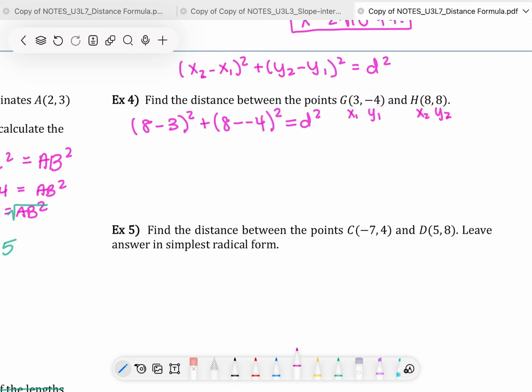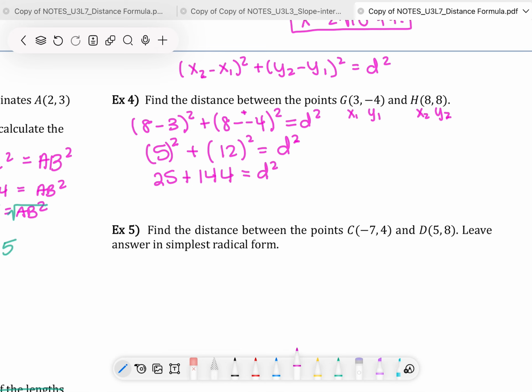Okay, let's keep going. 8 minus 3 is 5, so that's 5 squared. Plus 8 minus -4 is the same as 8 plus 4, so that's 12 squared equals distance squared. 5 times 5 is 25, plus 12 times 12 is 144.